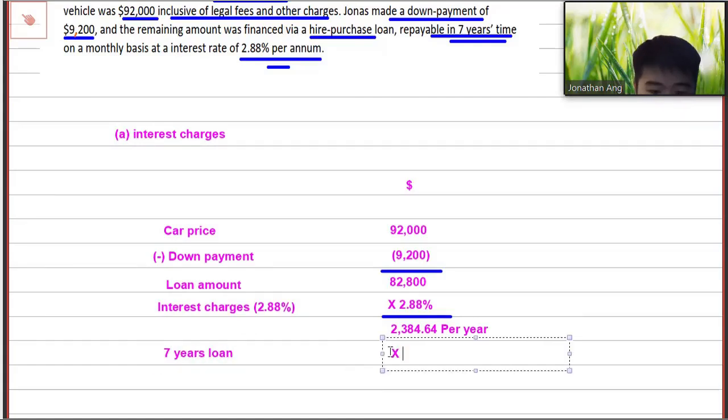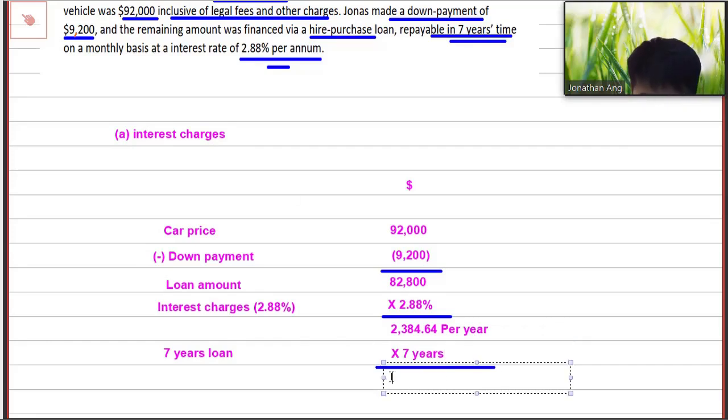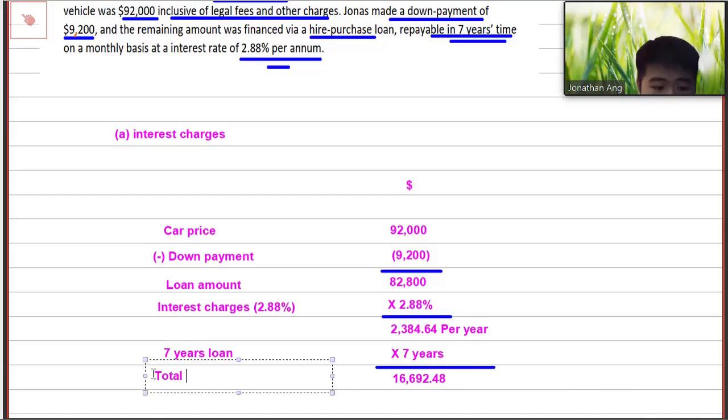So you multiply it with 7 years. Once you multiply it with 7 years, what do you get? You will get an amount of 16,692.48. So this is your total amount of interest paid, the total amount of interest paid.